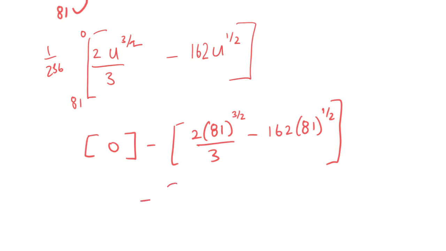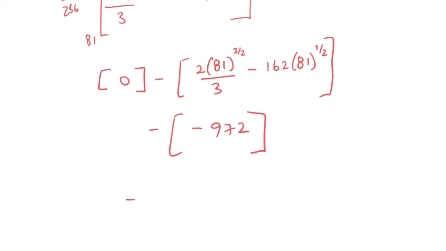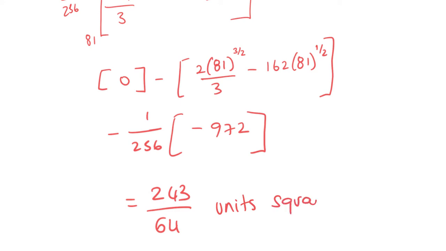Okay, so it's going to give me minus 972. Okay, I'm going to multiply that by minus 1 and 1 over 256, which is going to give me minus 1 over 256 multiplied by that. It's going to give me 243 over 64 units squared.